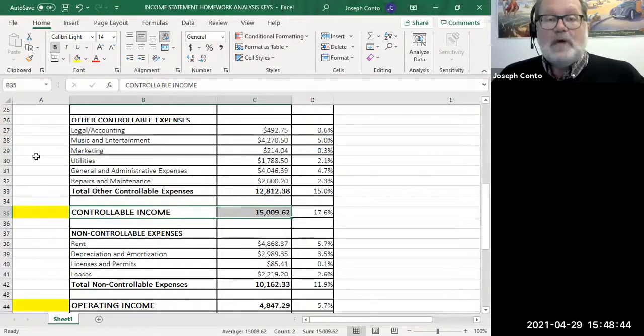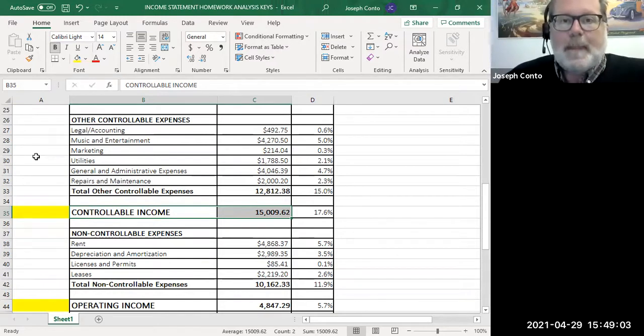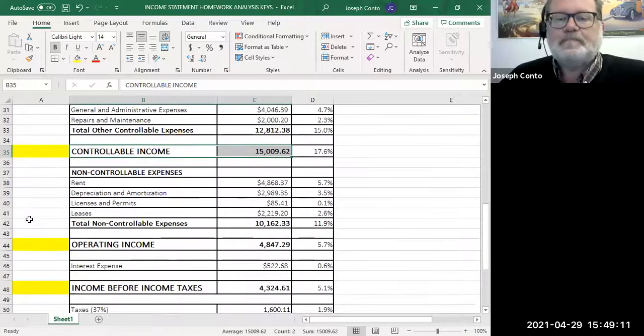This is the income we have left over after every one of our controllable expenses has been removed. From a management level, this is where you're done. You're saying, look, I did my best. All the other expenses from this point down are for people who are at the owner level, at the board of directors level. You may be one of those at some point, but for now, you're probably going to be a manager. So anything below this is the responsibility of somebody in a higher position.